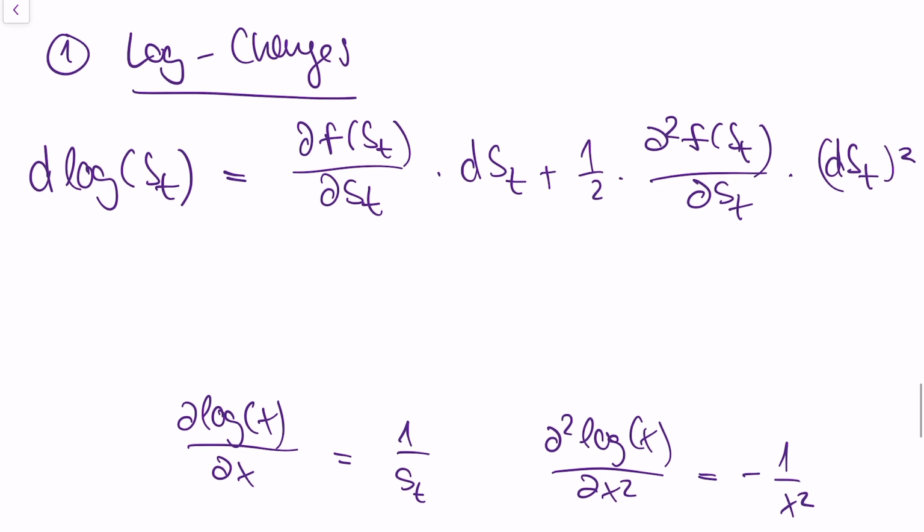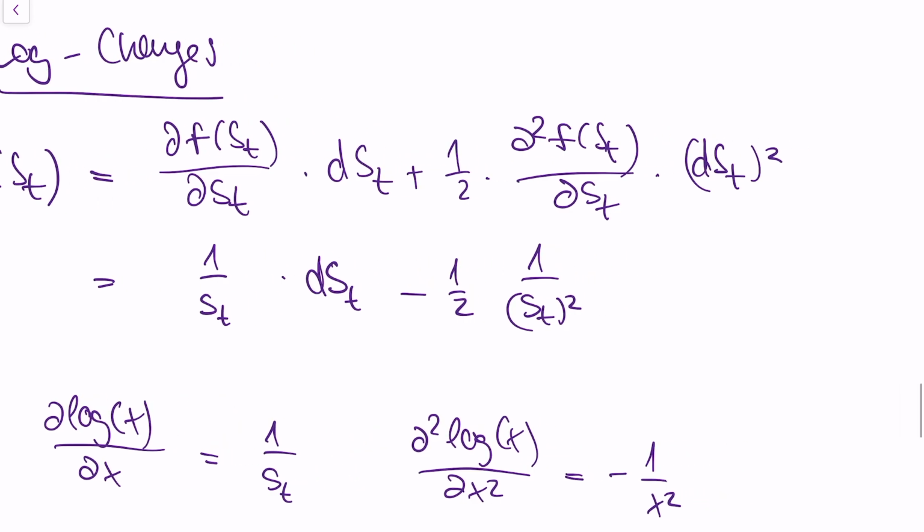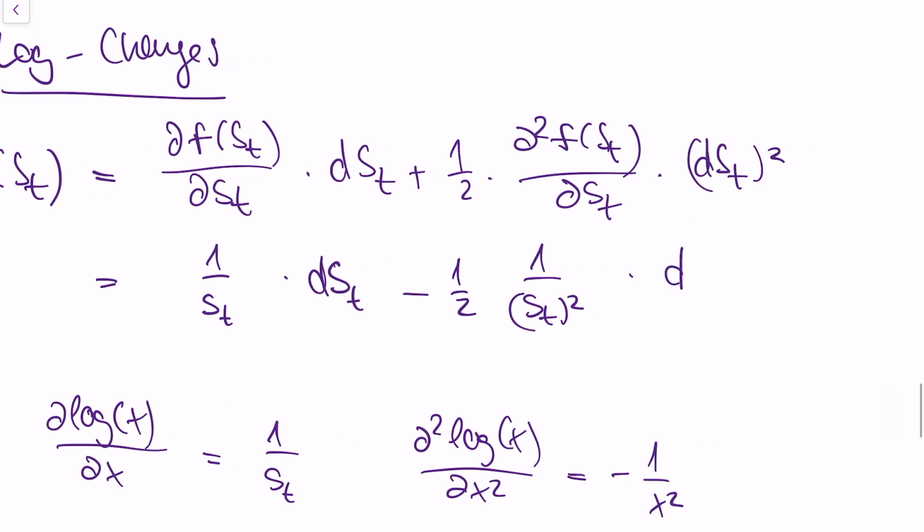So in other words, what we can write is the first derivative is 1 divided by S_T times the change in S_T, and the second derivative is minus 1 divided by S_T squared times the change in the variable squared.